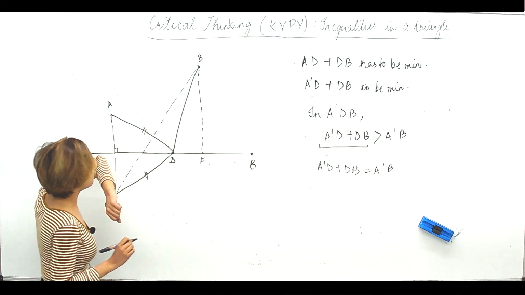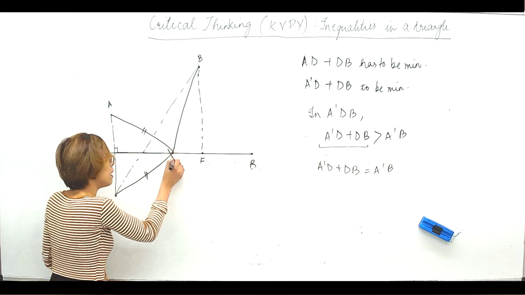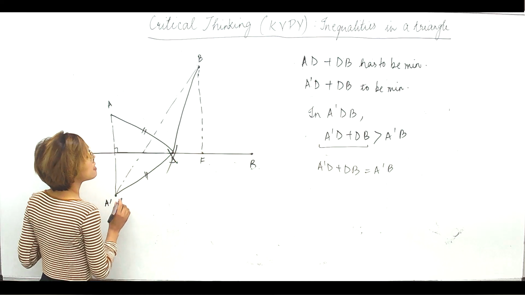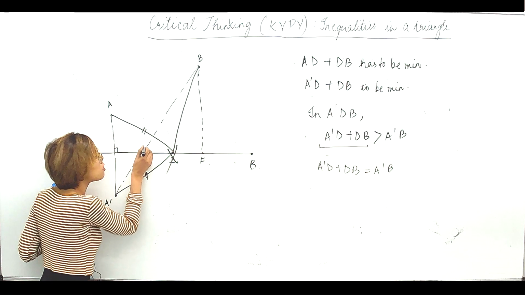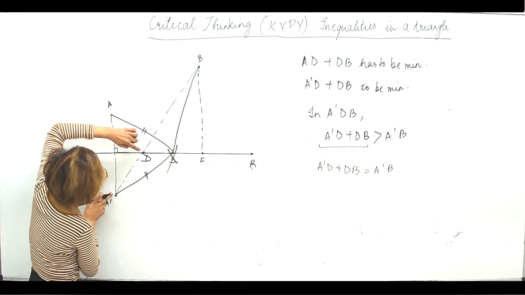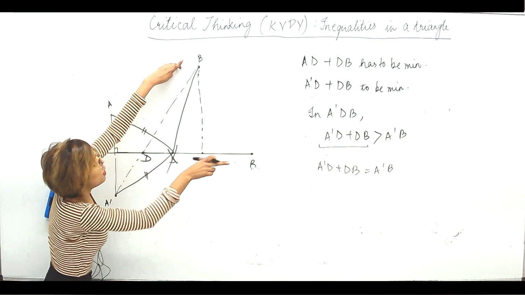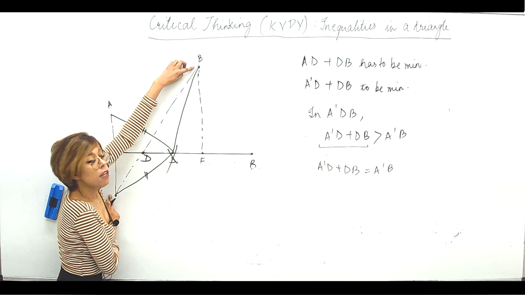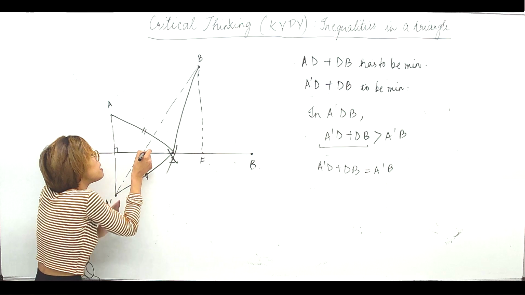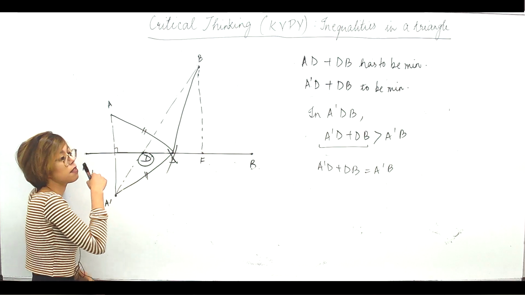Now if that is the case, where should D be? D cannot be here. I want the distance to be minimum. That means D has to be here. Because A dash D plus DB is equal to A dash B. So D has to be on this line. And we have to find it on the river, so that means D has to be this point.